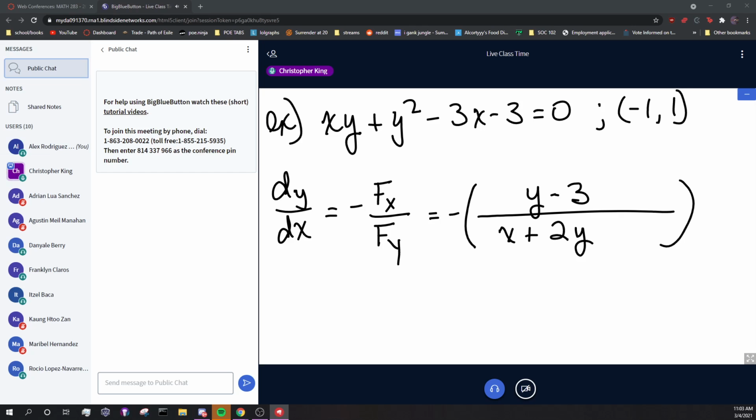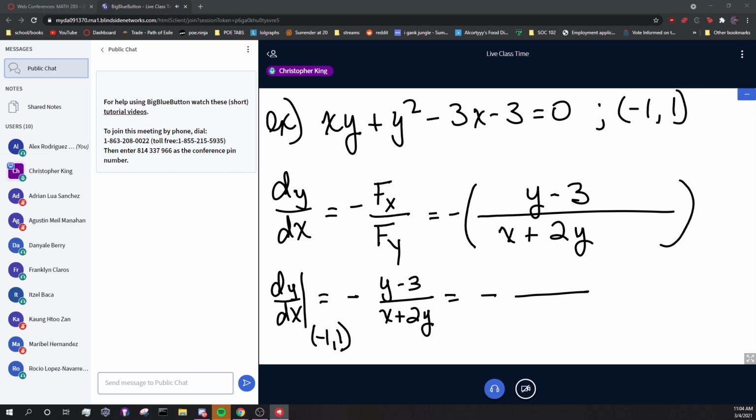So dy/dx is equal to the negative of y minus 3 over x plus 2y.